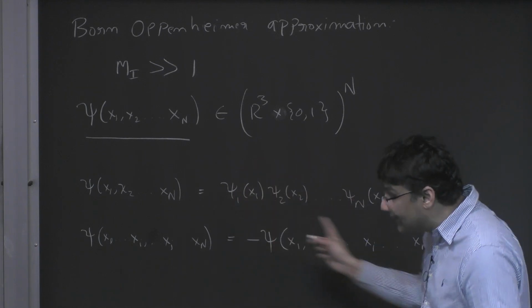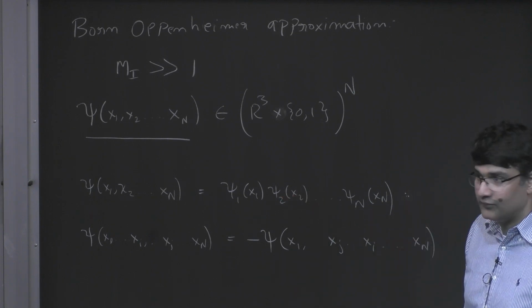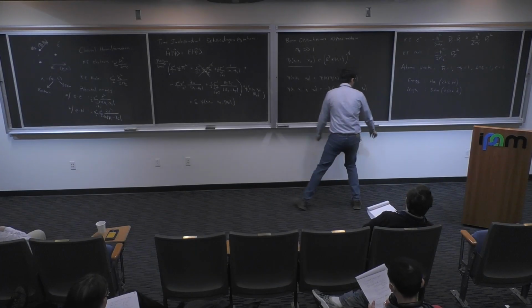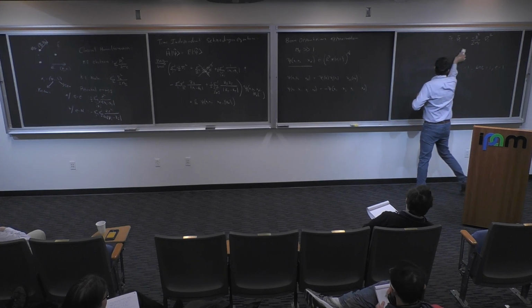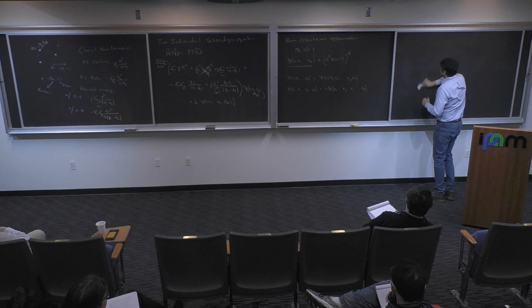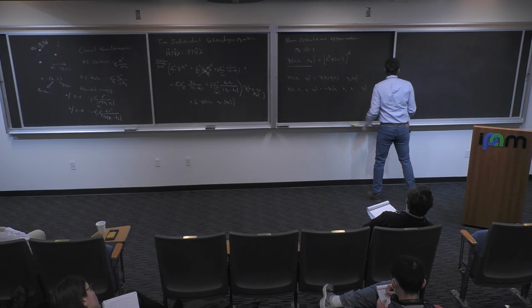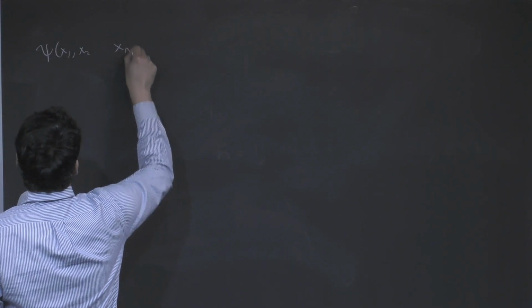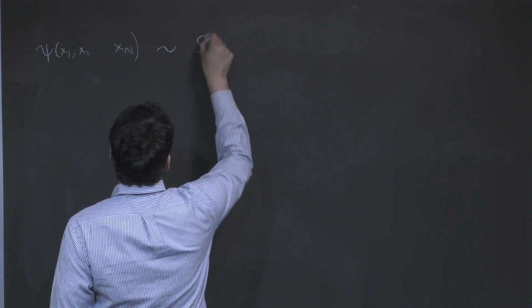So what you can do is antisymmetrize this one rank tensor product, and that is what gives you the Hartree-Fock approximation. To satisfy this condition, if you want to stay in this one-particle approximation, you approximate this wave function using what is called a Slater determinant.